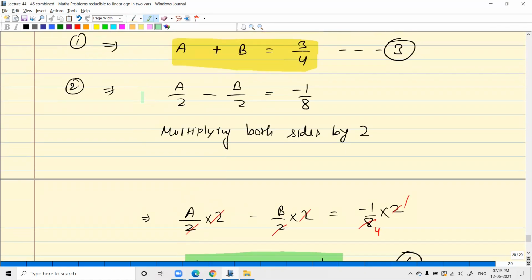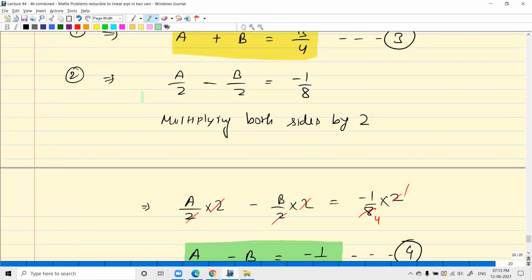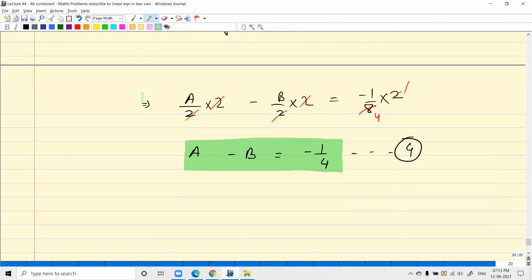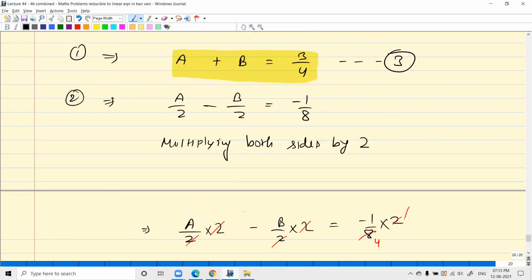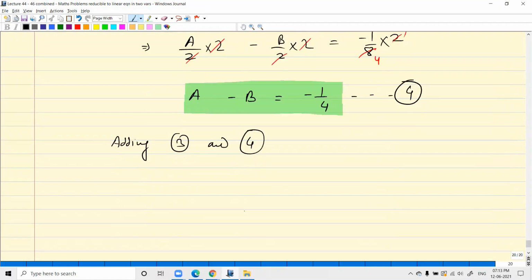So these two equations, everyone can solve now. Find the value of a and b. a plus b, a minus b. So plus b and minus b is there. We can just simply add this. We can simply add these two, third and fourth equations. Plus b and minus b will get cancelled, and a plus a will become 2a.